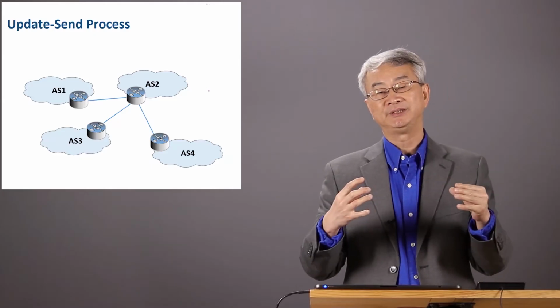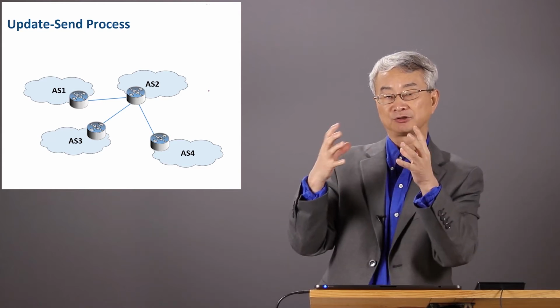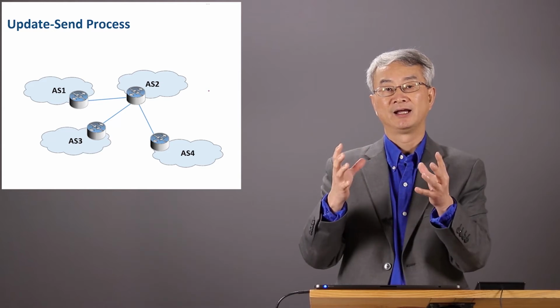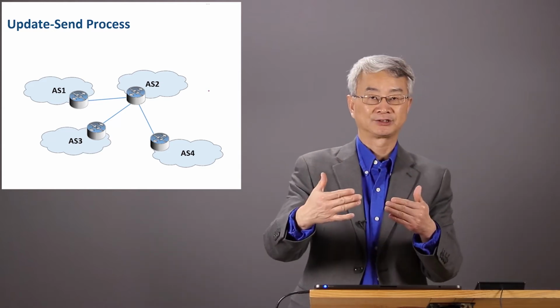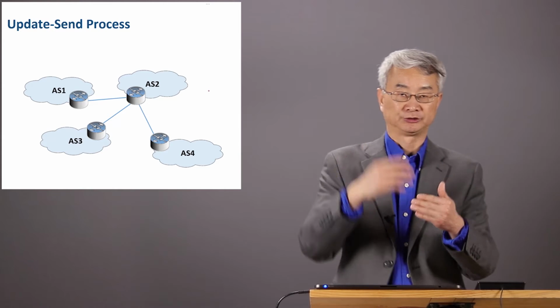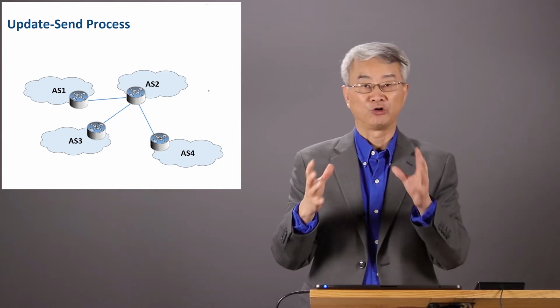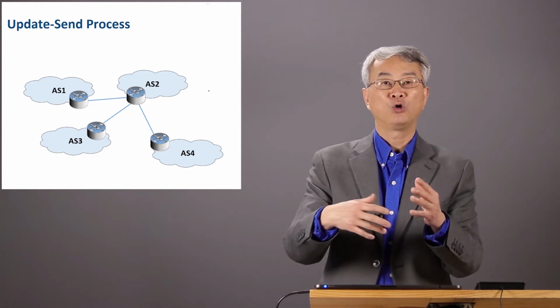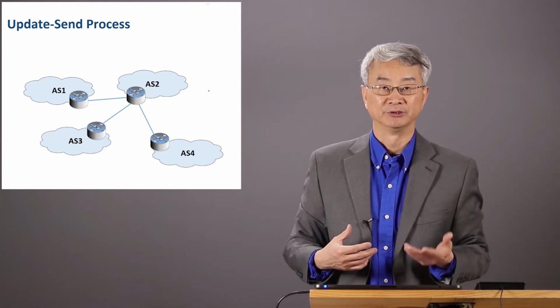When the BGP message arrives at one autonomous system, this autonomous system is going to know multiple paths to the same location, and it's going to maintain all of them. It has a table maintaining all the AS paths collected from its neighbors.